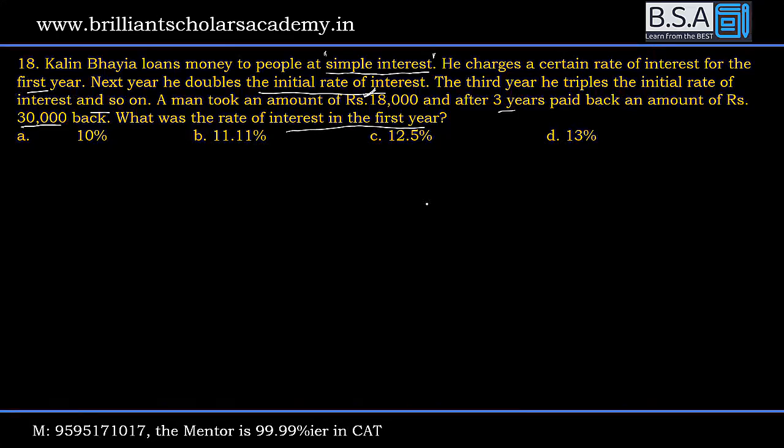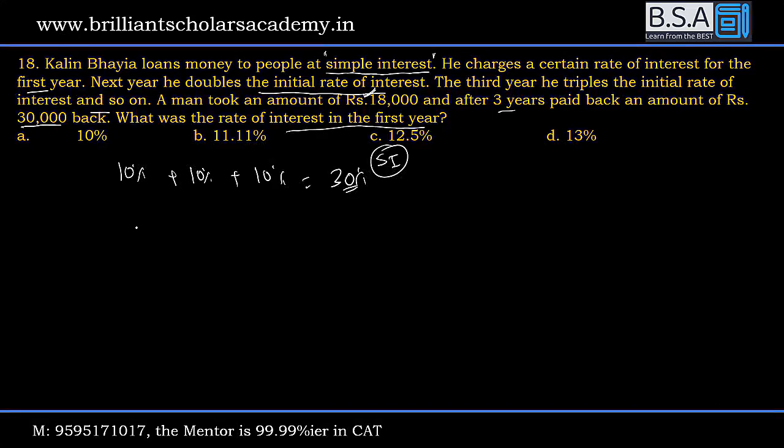So understand, we are talking about simple interest. If it was fixed interest, if it was 10% every year, it will be 10%, 10%, 10%, and you will add it up and say 30%. That is simple interest. Here, Kalin Bhaiya is playing a different game.